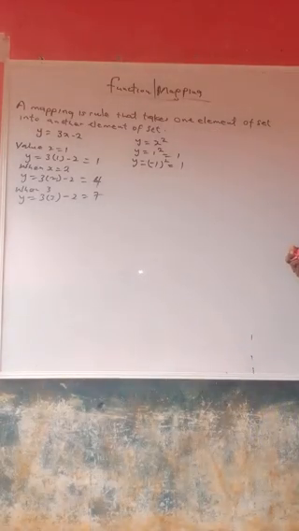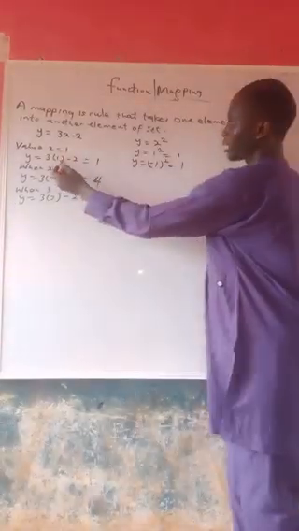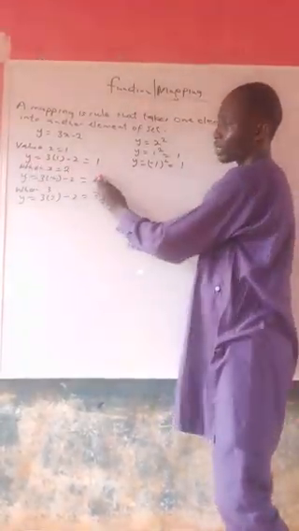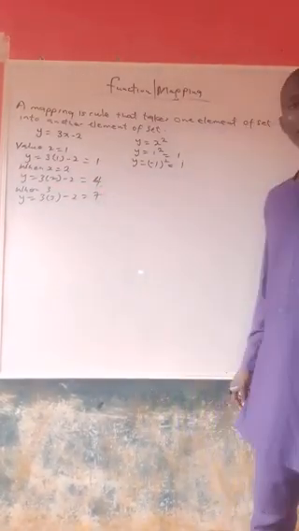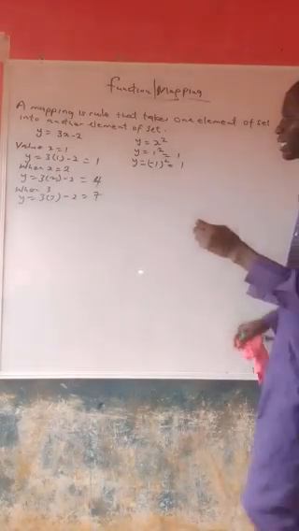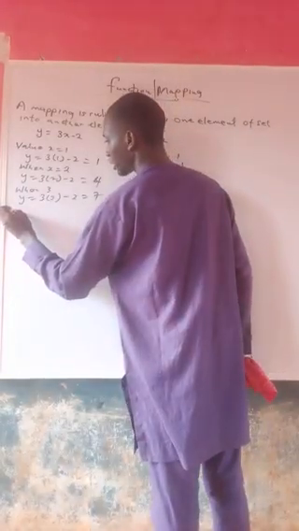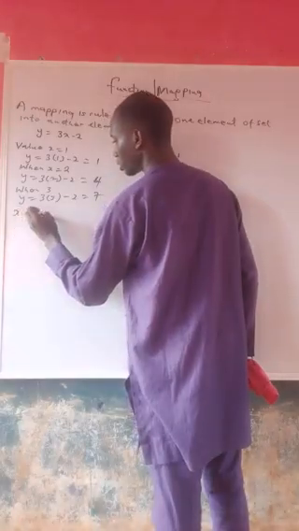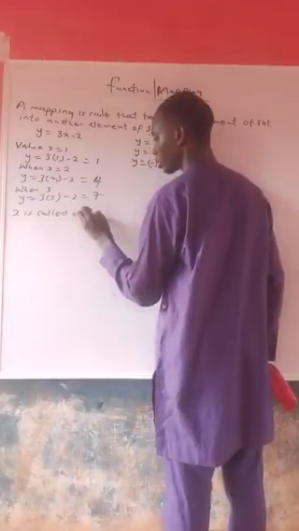But what I'm trying to say is that you can see this value of y depends on the value of x. When the value of x is 1, we have y to be 1. When the value of x is 2, we have y to be 4. You can see y depends solely on x. So y is called the dependent variable, and x is called the independent variable.